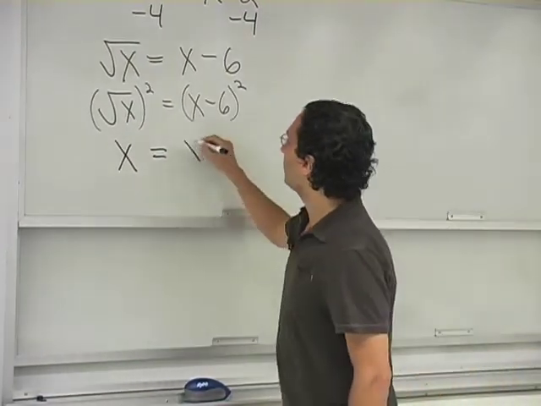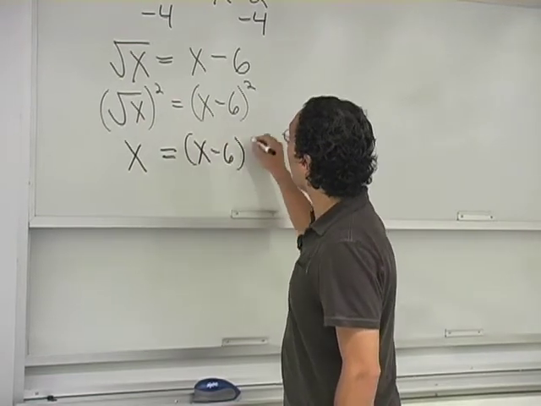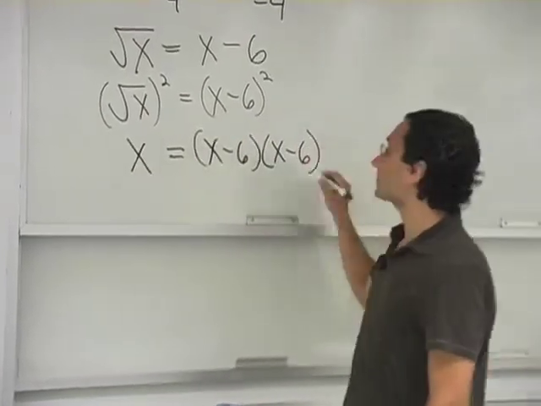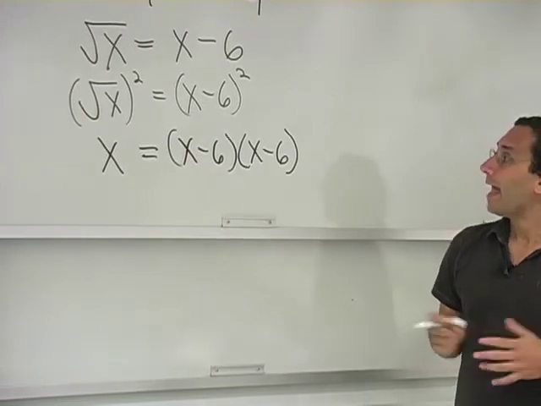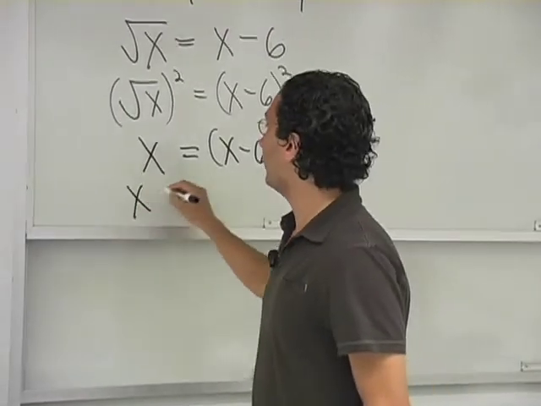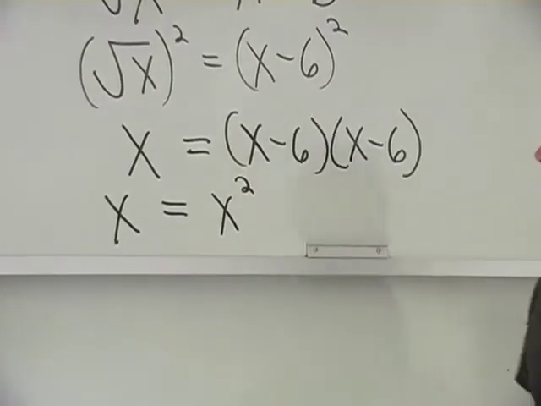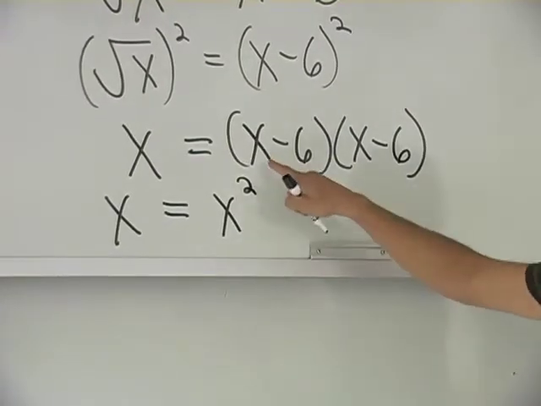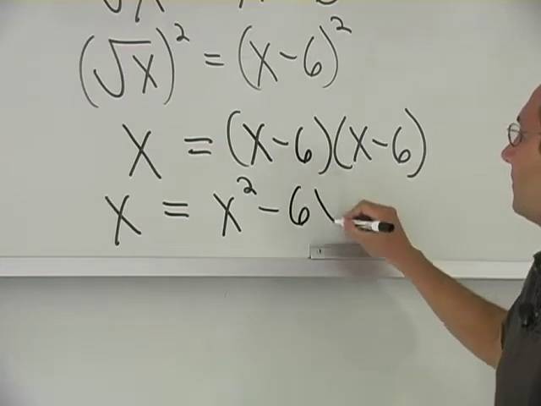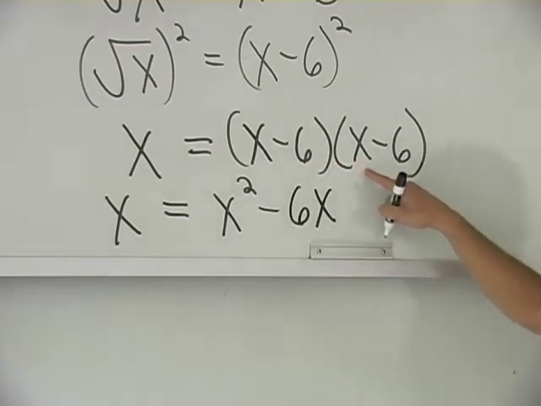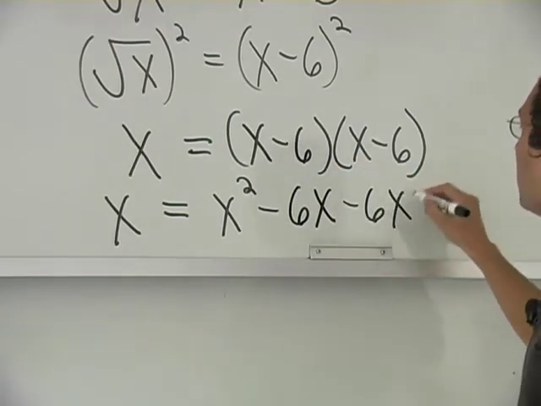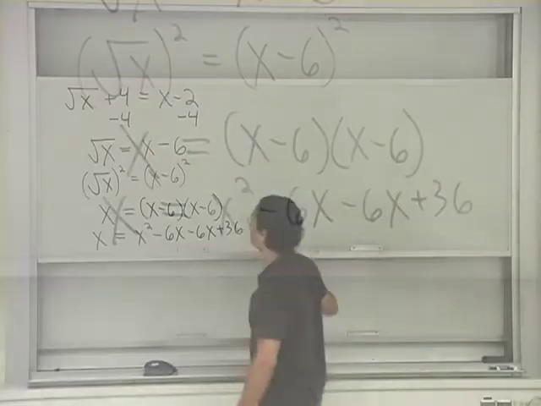So let's do that. This is x minus 6 times x minus 6. And it looks like the left-hand side is x, while the right-hand side is x squared, minus a 6x, minus another 6x, plus 36.